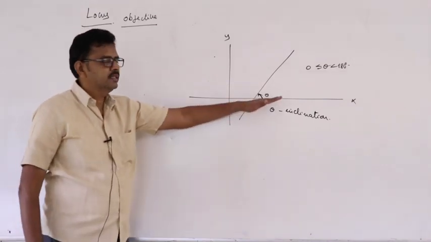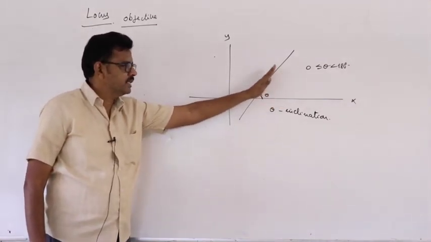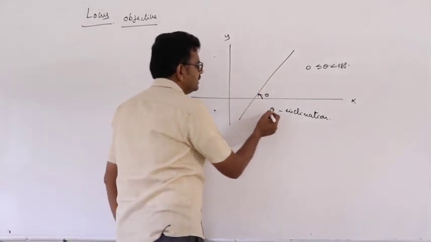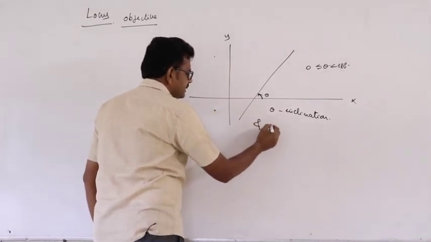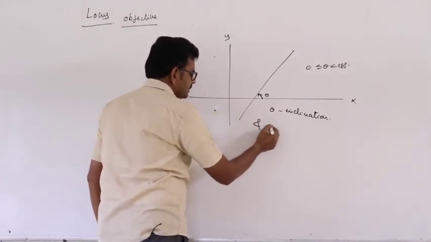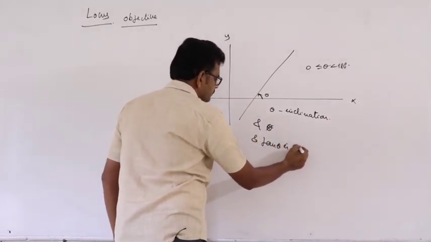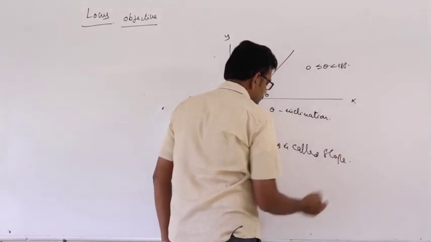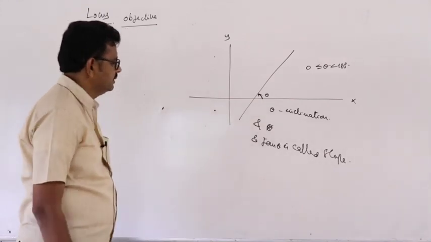The line makes an angle theta with the positive direction of x axis in the anti-clockwise direction. This angle is theta. Theta is called inclination, and tan theta is called slope of the line.